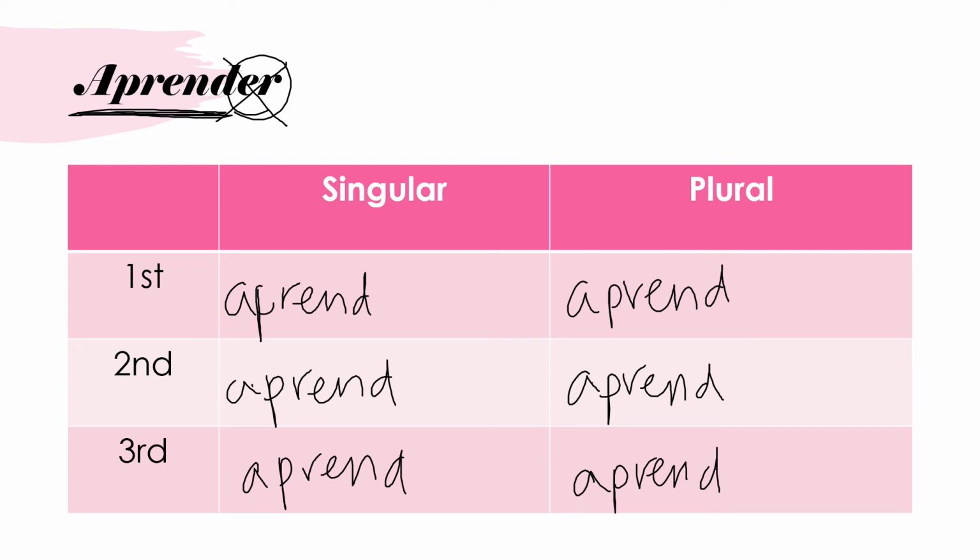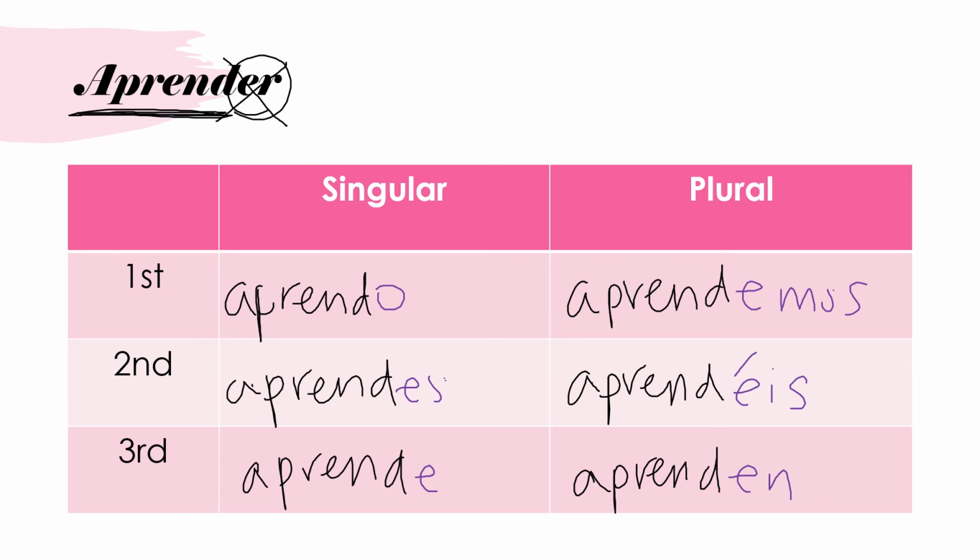Now what I need to do is add my endings. So for the first person singular, use your notes. We have O, as, a, amos, áis, and an.